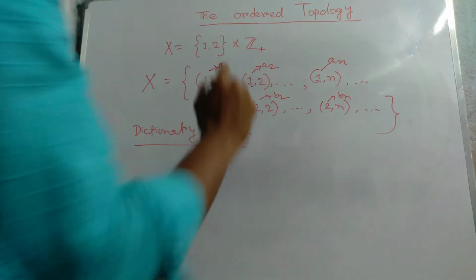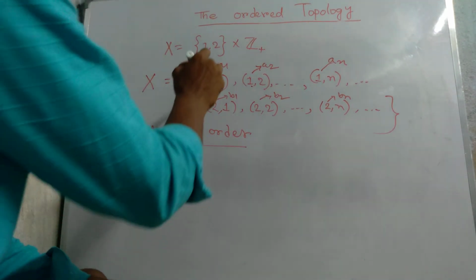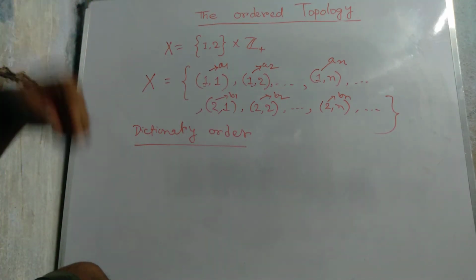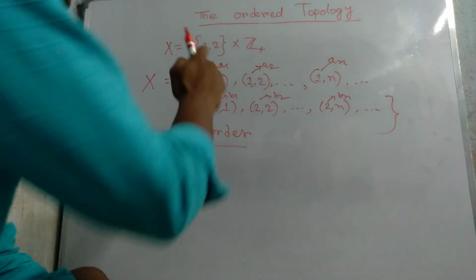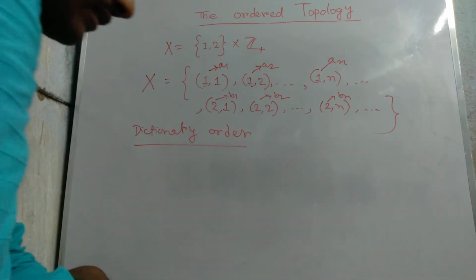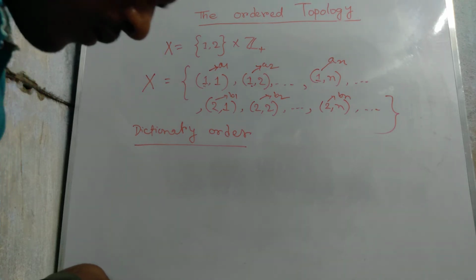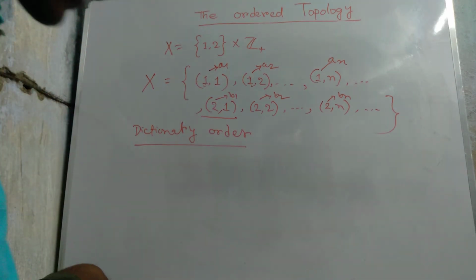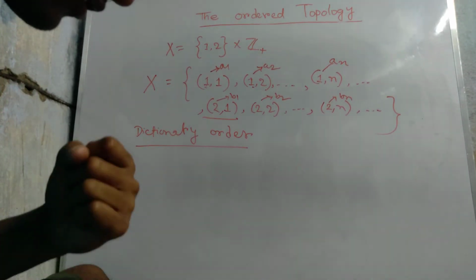That means this one maintains some order, and here also 1 less than 2. That means this one is the first category, and this one is the second category. Here all are 1-point sets, except B1, forming the basis of the topology.